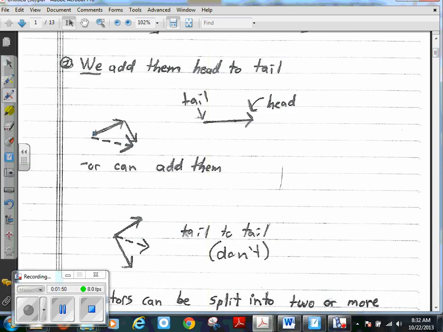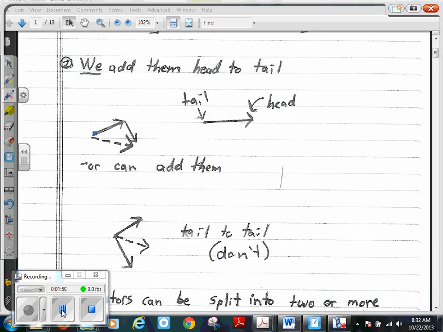So what that means is you draw your first vector, and as you can see, this here's the head of a vector. This would be the tail, which is pretty easy to figure out, right? And then the next vector that you're going to add, you put the tail at the other head, and that's the way we add them.